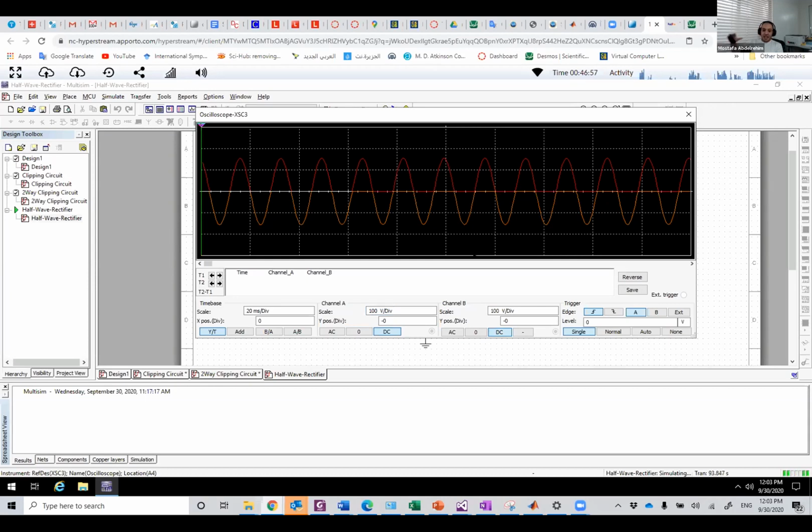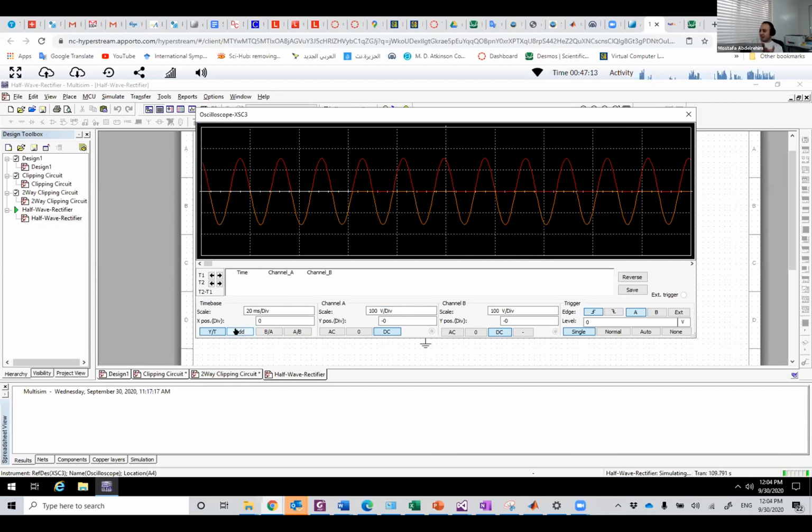And if you move the two signals together, the VR or the VO and the VD, you will get exactly the input. This is exactly the input, right?